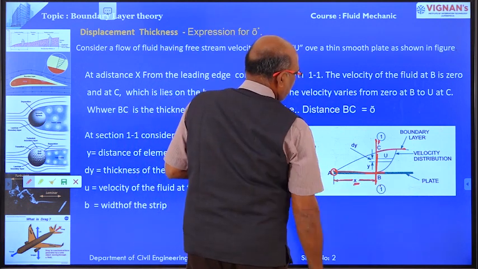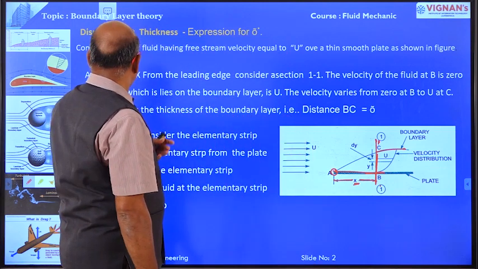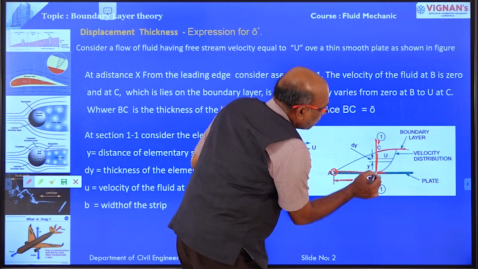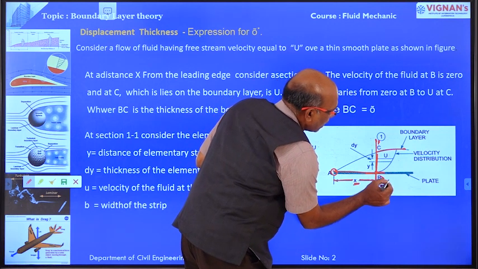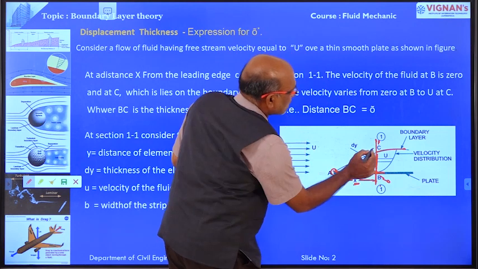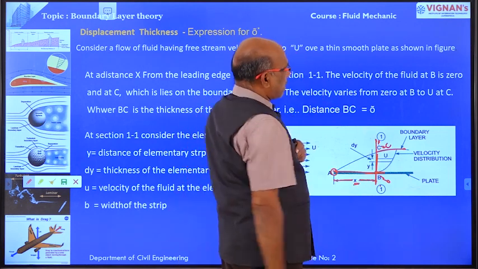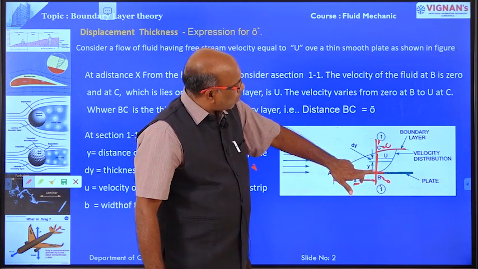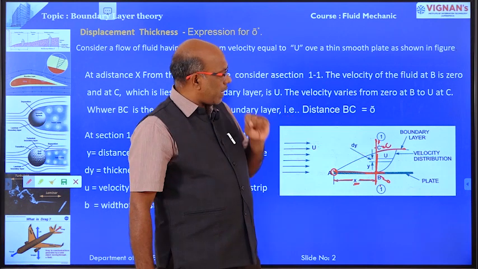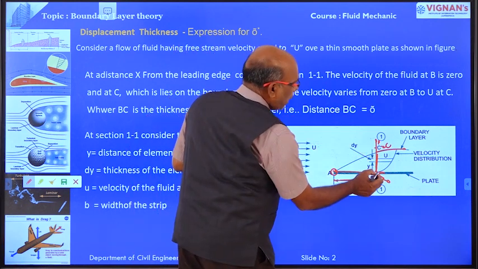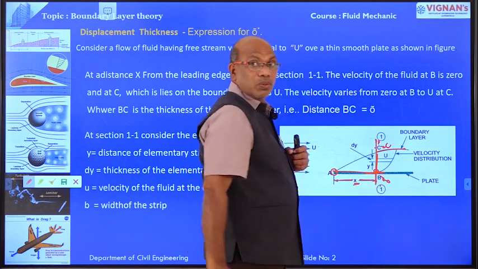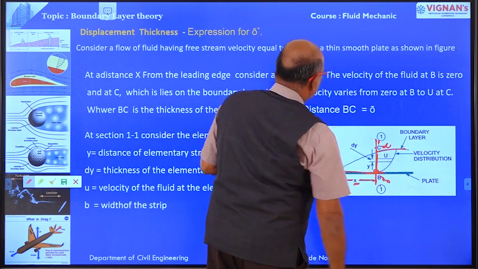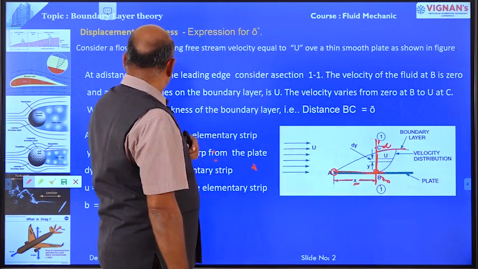At this section, the velocity at point B is 0, and the velocity at point C is equal to U, that is the free stream velocity. The velocity changes from 0 to free stream velocity U, right. This is about this diagram.